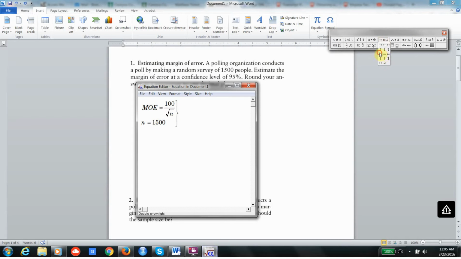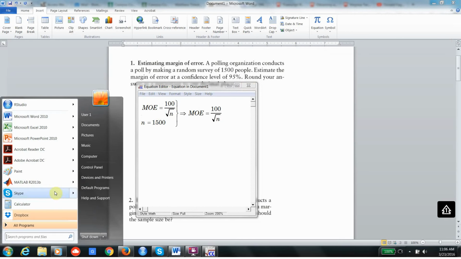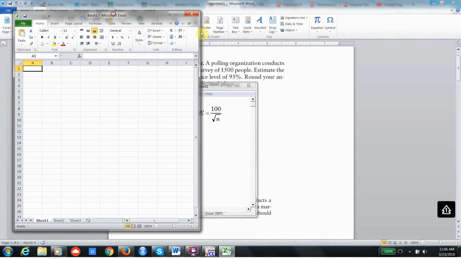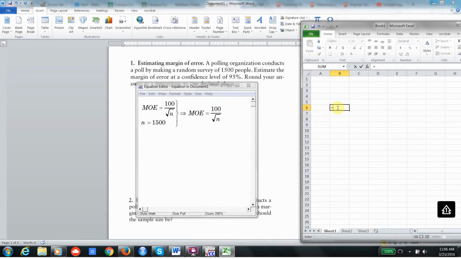So for our case, the margin of error is just equal to 100 divided by the square root of 1,500, which we're just going to compute out. It's not hard to do. I'll use Excel just so you see there's nothing up my sleeve.